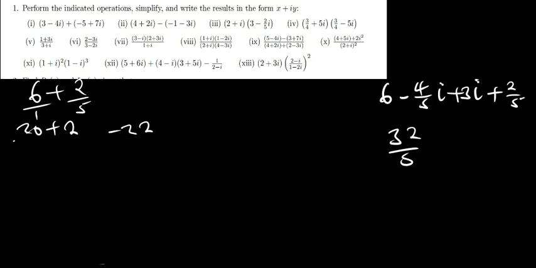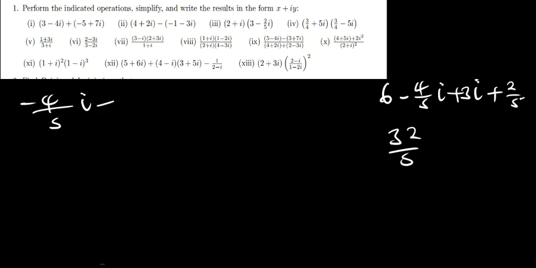I also need to add the imaginary part, which is negative 4 over 5i plus 3i. Here I'll put 1 under the 3i.